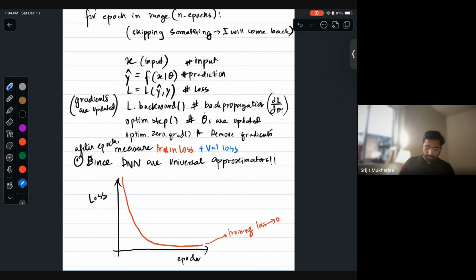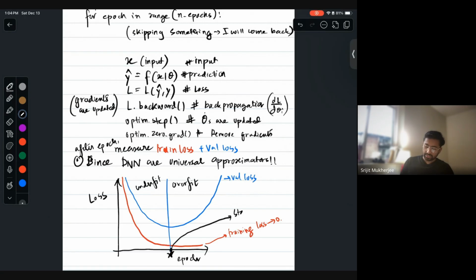You will see that after a certain time the val loss decreases, but after a certain time it will increase. This is the domain of underfitting, and this is the domain of overfitting. This is the optimum point. This is where you stop training.